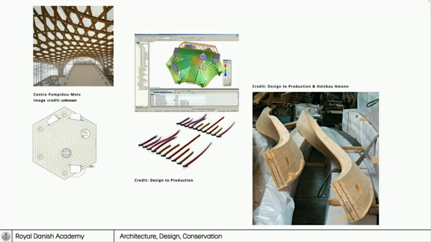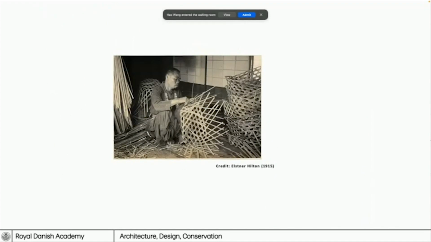And when you start to move into these highly complex, doubly curved glue lams, that results in a much larger amount of machine time, a larger amount of waste, and a larger amount of cost. And this is really because what you're doing is you're putting the design intelligence into the geometry. Now, if we look at the craft of Kagome, the design intelligence here is actually put into the topology.